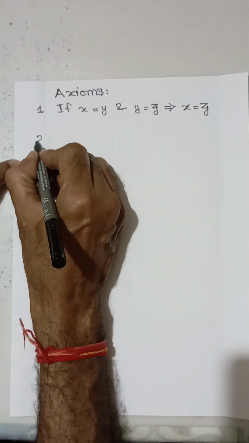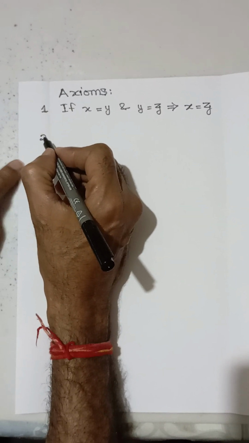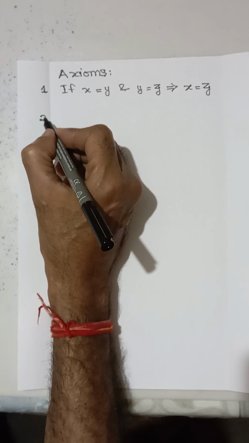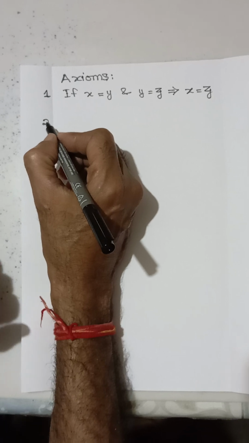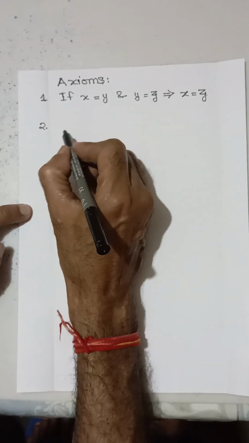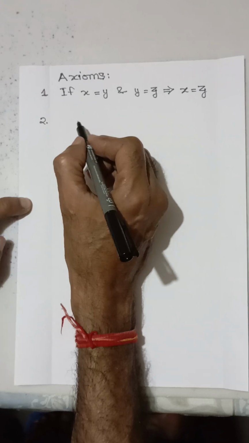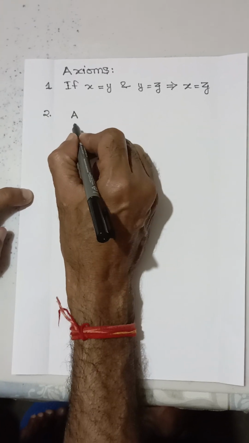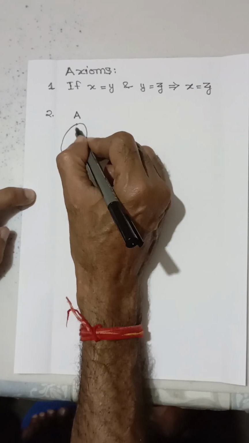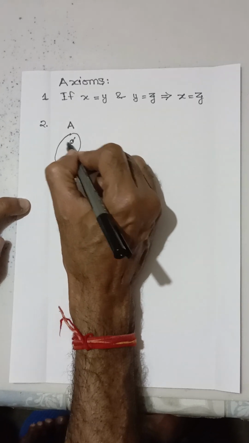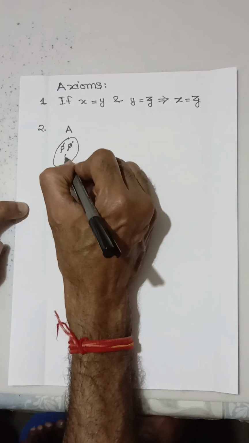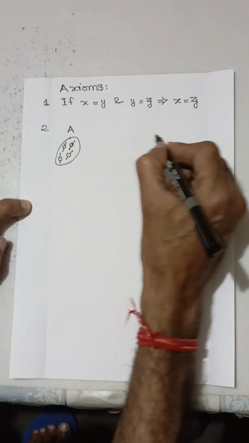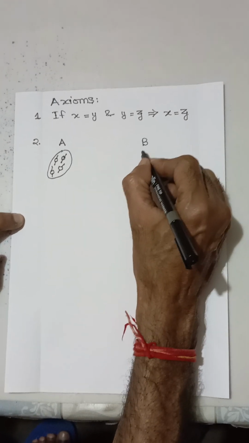Second axiom was if equals are added to equals, the wholes are equal. Suppose, to understand the second axiom, A has 4 toffees with him, and B also has 4 toffees with him.